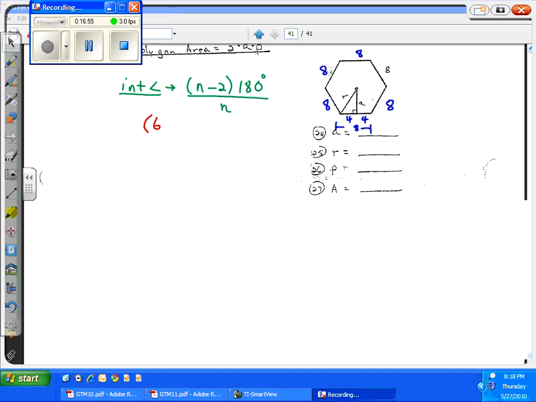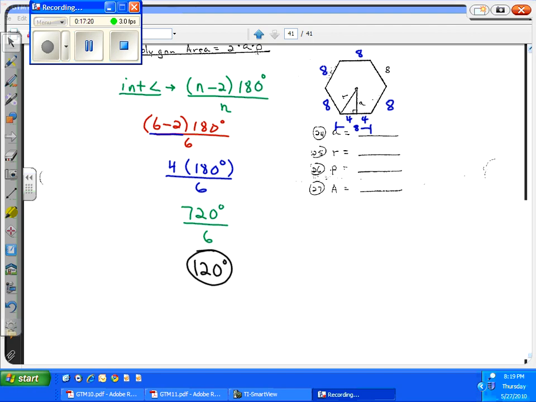If we plug in 6 for a hexagon, we have 6 minus 2, which is 4, times 180 degrees, divided by 6, which gives us 720 degrees divided by 6. So each interior angle of a regular convex hexagon is 120 degrees.